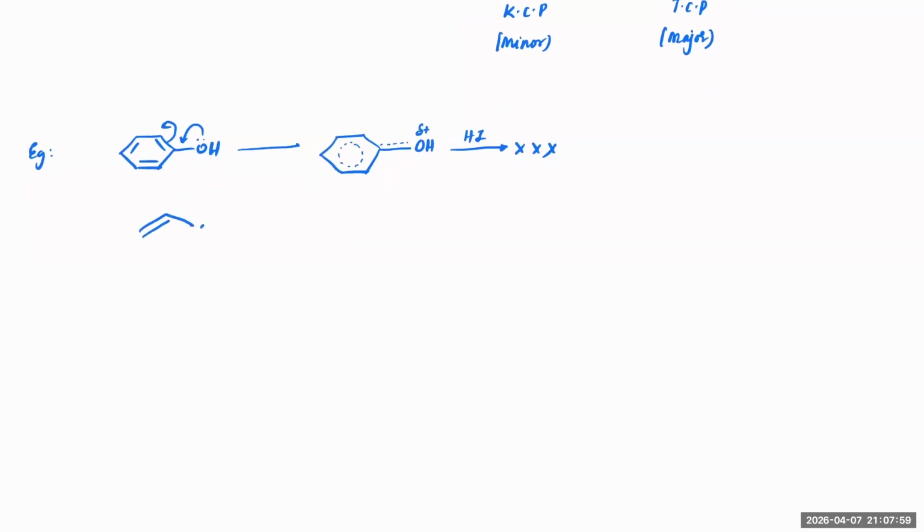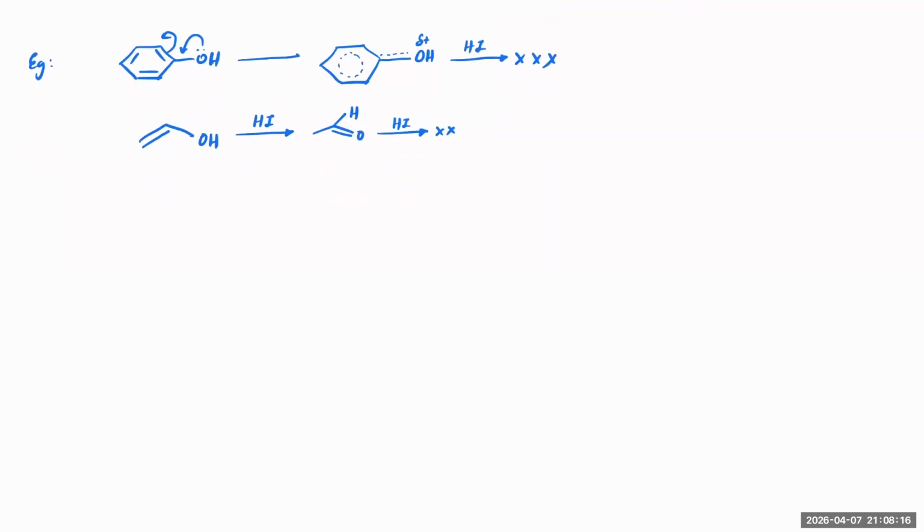Another case, vinyl alcohol. Here, there will not be any reaction with HI. In fact, it would always convert itself into an aldehyde, and this aldehyde does not react directly with HI. Keep that in mind.